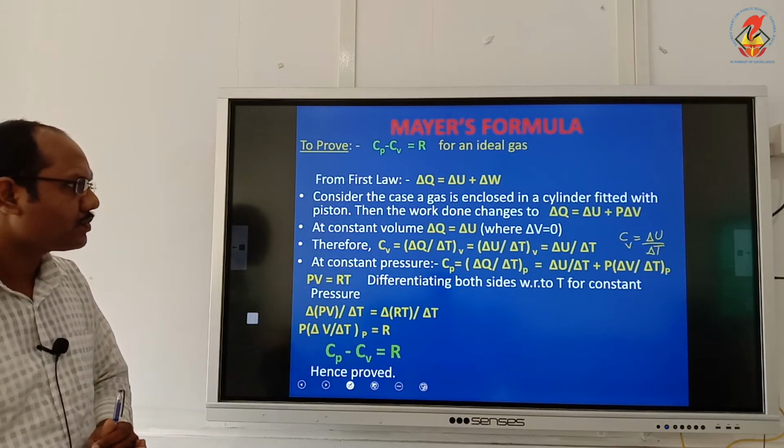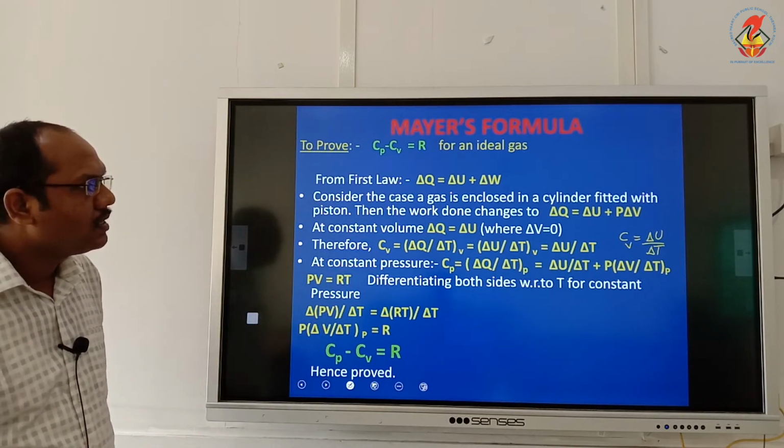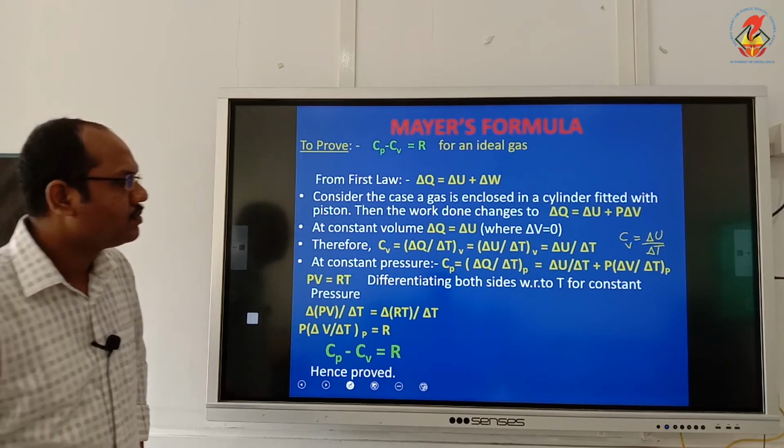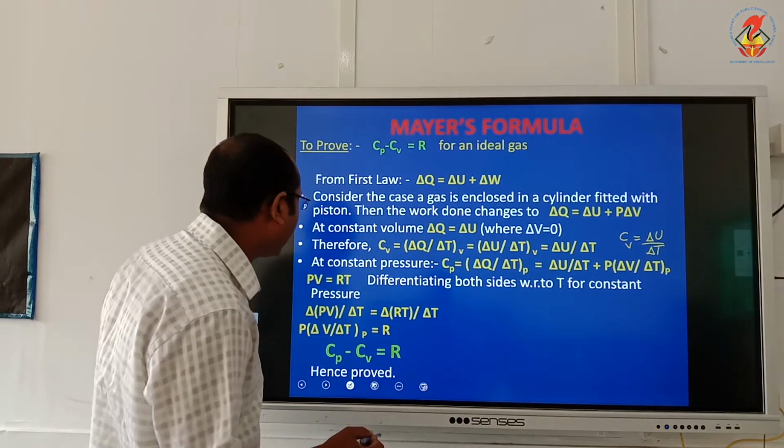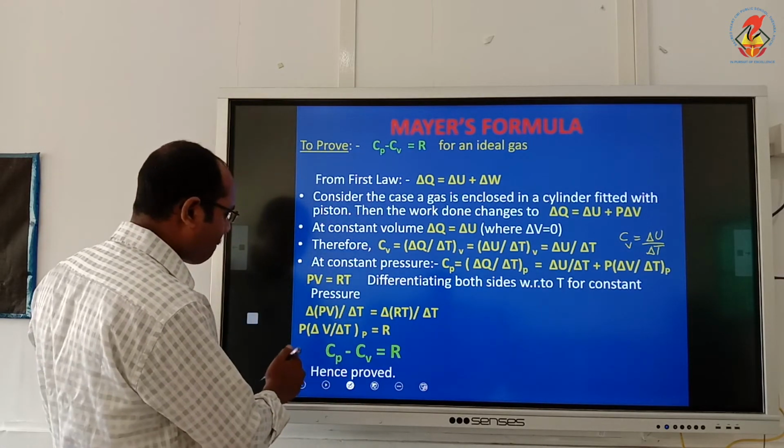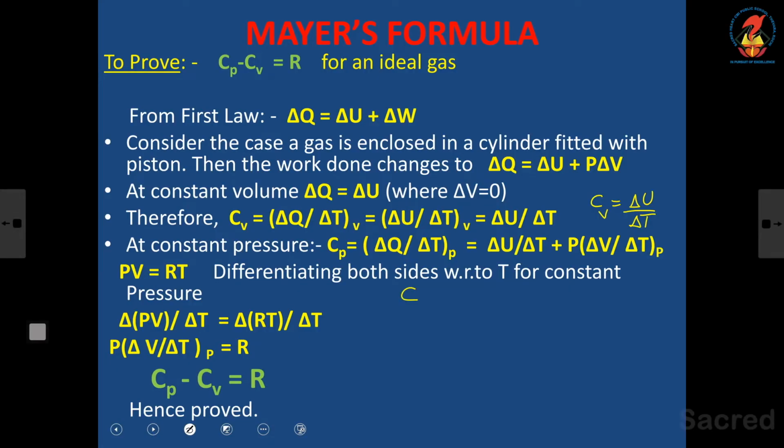Now we are getting Cp on the LHS. In the RHS, delta U by delta T. What is delta U by delta T? Cv.